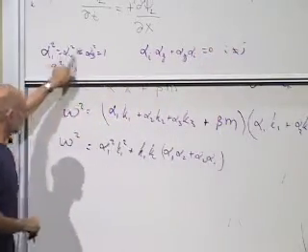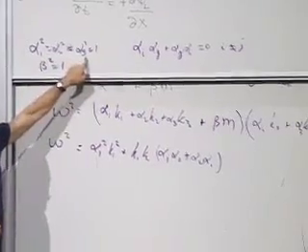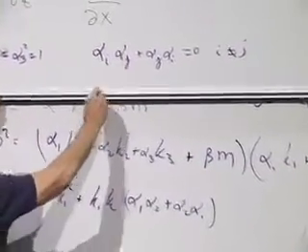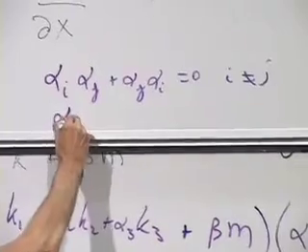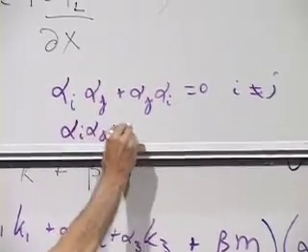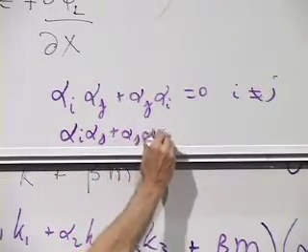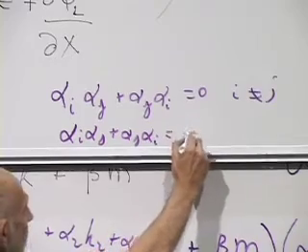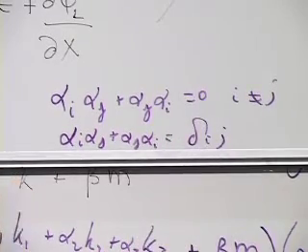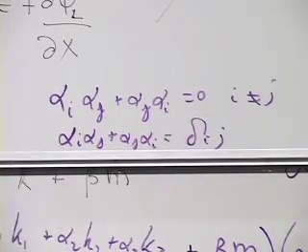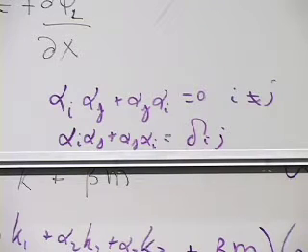For i equal to j, it has to be 1. So you could write this in the form, if you like, alpha i, alpha j plus alpha j, alpha i equals delta ij. Another way of saying 0 when i is not equal to j, 1 when i equals j.